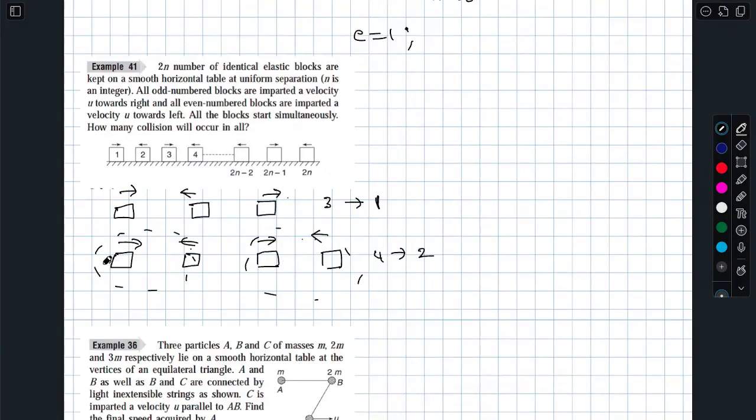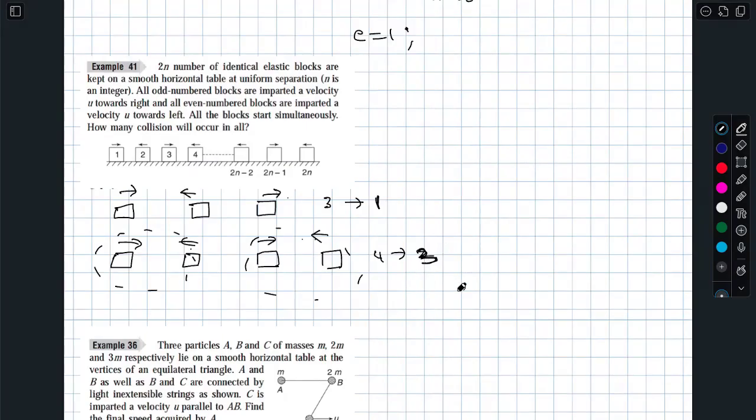First, one collision here, another collision here, and in between one more collision. 3 collisions are happening. What if there are 2 blocks? Only one collision takes place. For 3 blocks it is 1, correct? For 4 blocks it is 3.